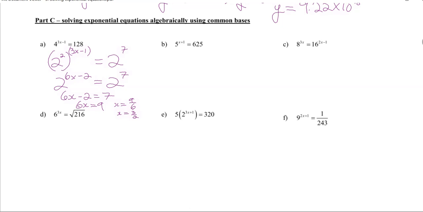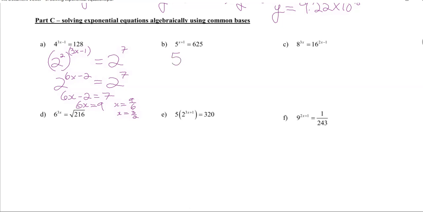All right, do another one. 625. Sounds like it's got to be a power of 5, right? I mean, 5 isn't a power of anything, 5 is just 5. So is 625 a power of 5? Well, try it out. 5 to the 4th. Just go 5 times 5, enter, you got 25, times 5, 125, times 5.